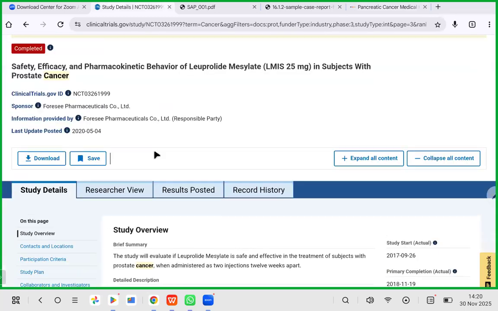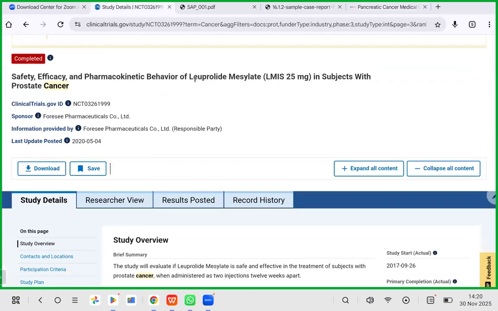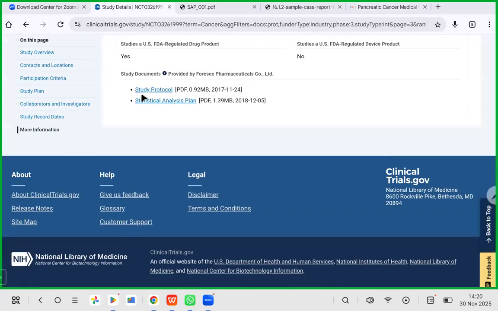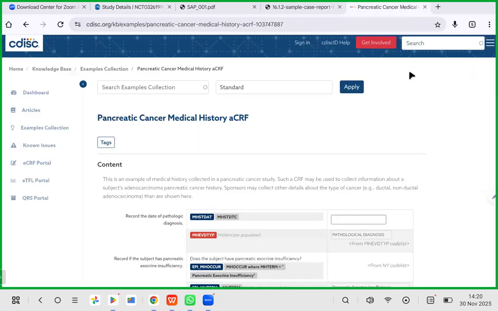You can open any HIV trial, any infection trial, or any kind of clinical trial, select a protocol, and summarize the study design. Maybe I will give this small assignment today or tomorrow.